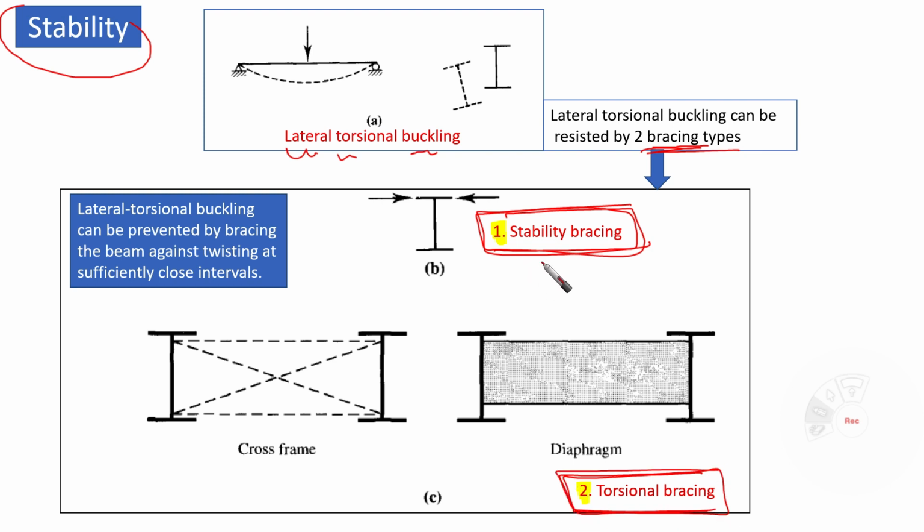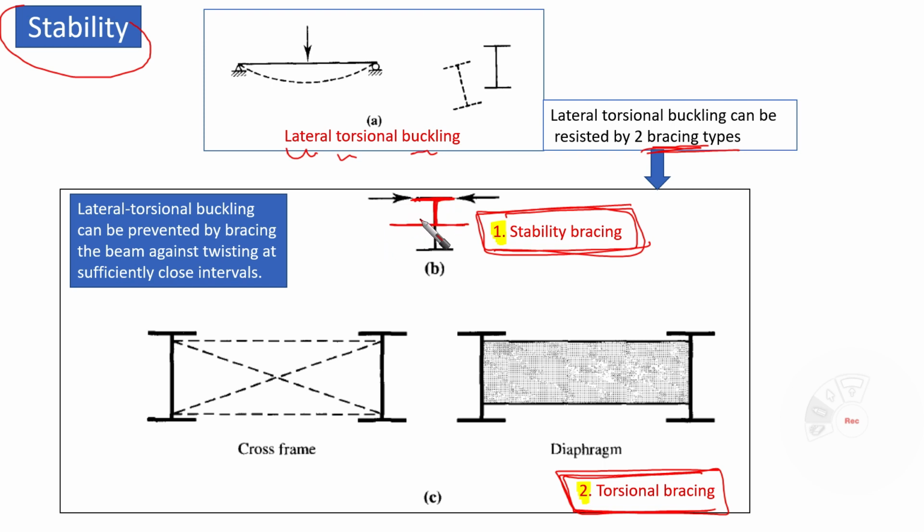In stability bracing, we are going to look at the part that is going to be under compression, which is the part that is above the neutral axis. Commonly in I shapes, this is the top flange.